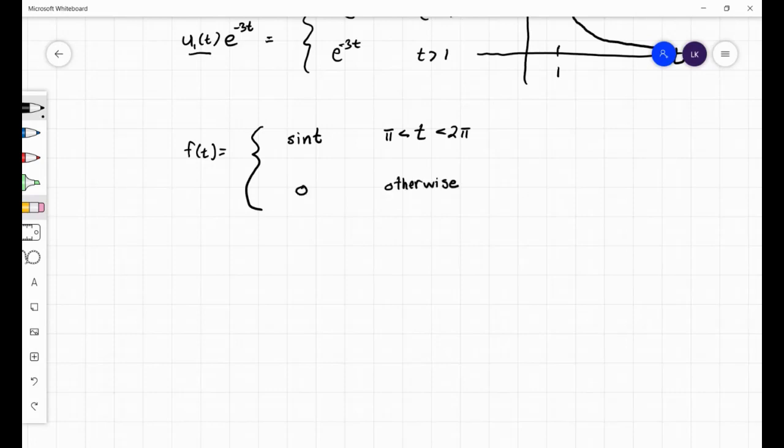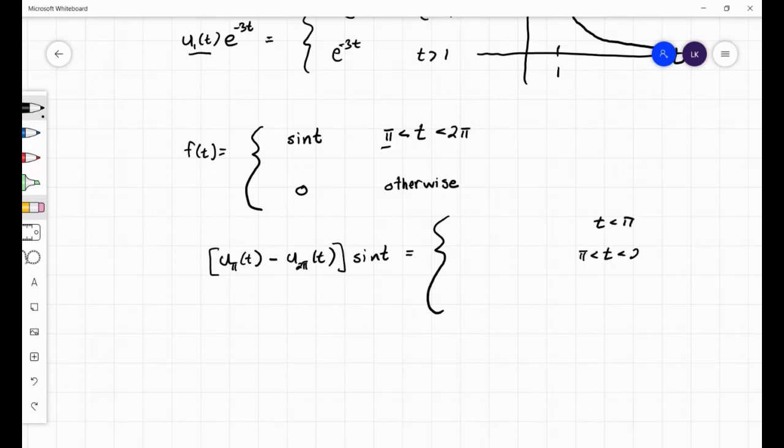So what we can do is turn on the sine at time pi, but turn it off at 2 pi. So we're going to take the step function at pi minus the step function at 2 pi, times sine of t, and let's see whether that works. Using these two step functions, we naturally partition the timeline into 3 intervals: before pi, between pi and 2 pi, and after 2 pi.